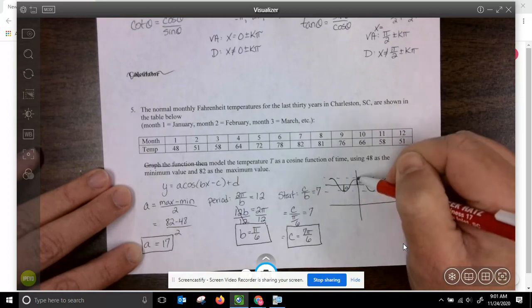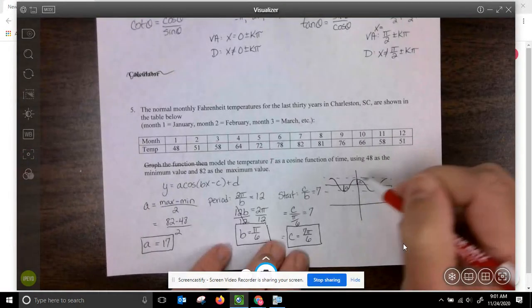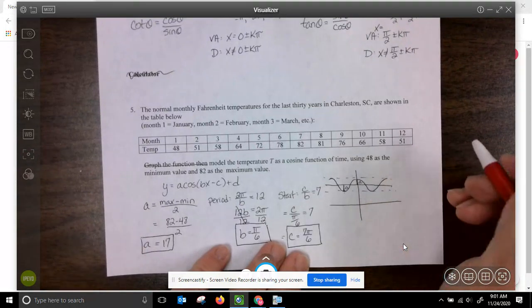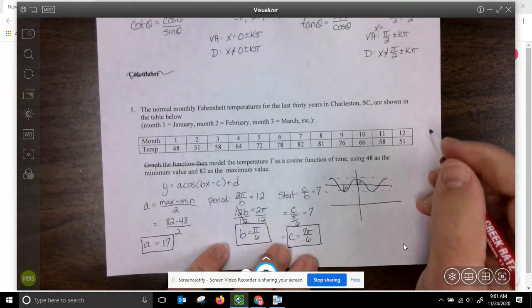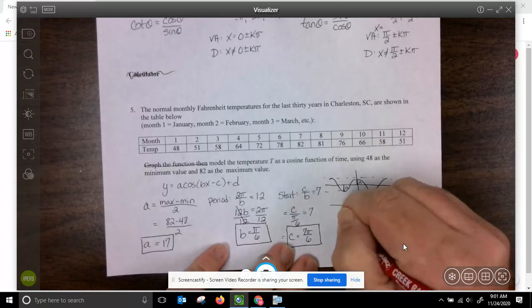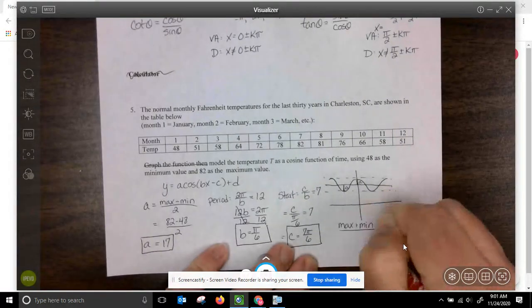I could take my maximum value and subtract A, and that would get my baseline. Or you can think of your baseline as right in the middle of the maximum and minimum, which is the average. To find the average of something, you can just add them and divide by however many there are.